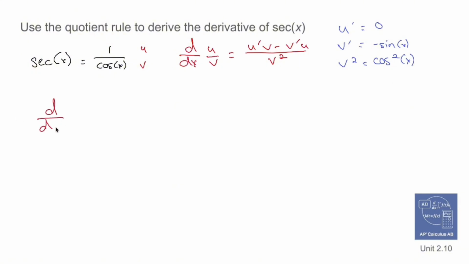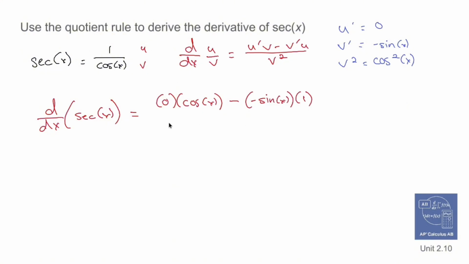The d/dx of secant x is going to equal u prime v, so 0 times cosine x, that's going to make life easy, minus v prime, so minus negative sine, so a double negative right there off the bat, times u, which is 1, all over cos squared x.